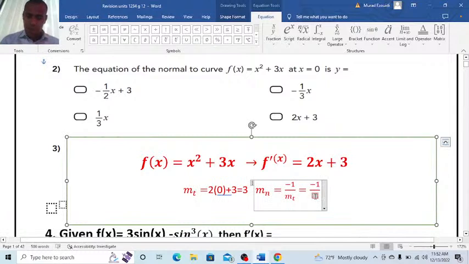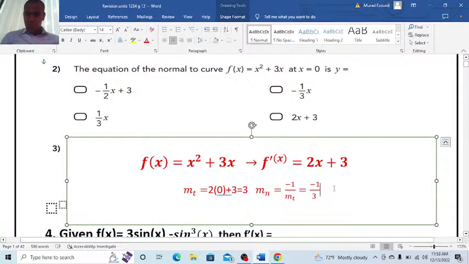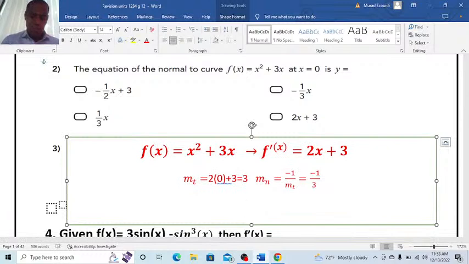I'm going to find the equation of the normal on the curve. Here there is a formula, in fact. I will write the formula that we will use in other questions. The equation of the normal is y minus y1.